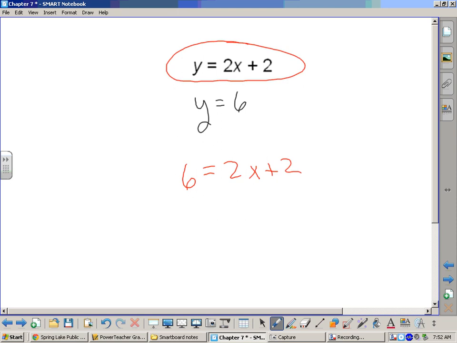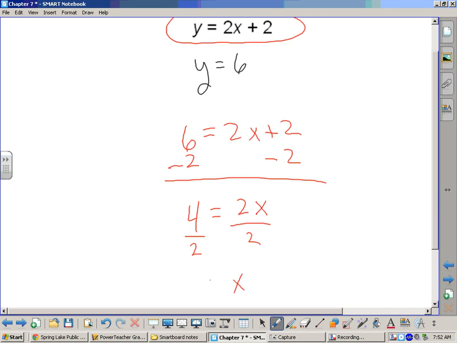So to solve for x, we would have to do our subtracting so that we could get x by itself. We get 4. And then we would divide by 2 to get x equals 2. So that would be the solution, if you may, to that equation for x equals 2 when y equals 6.